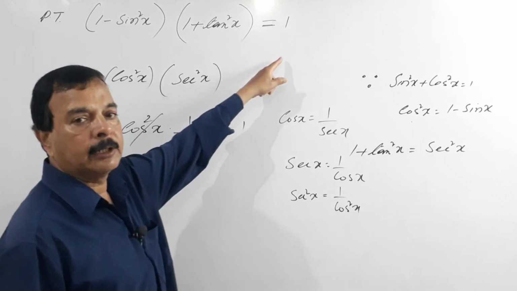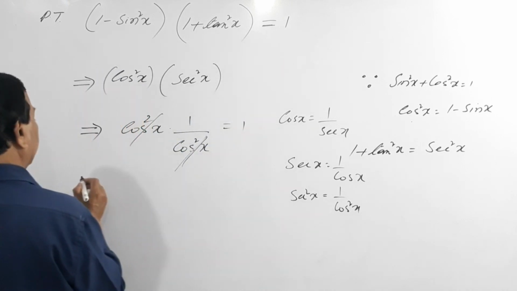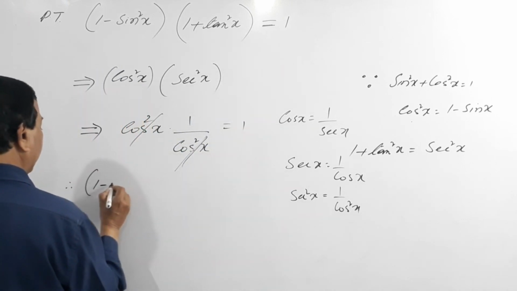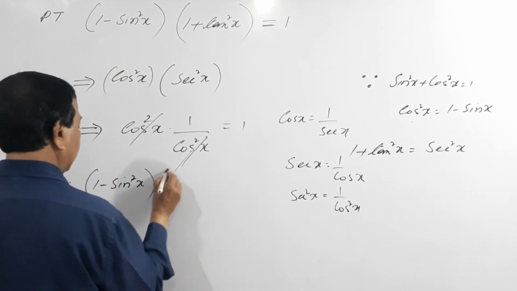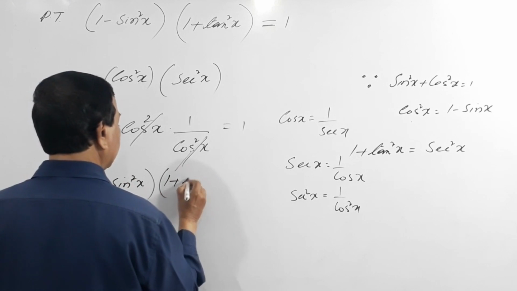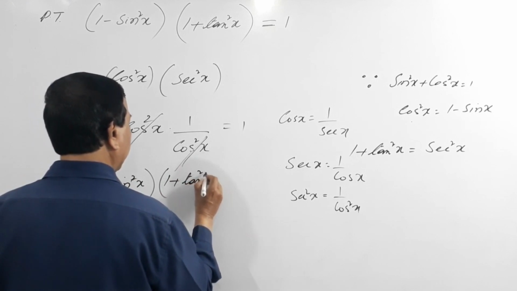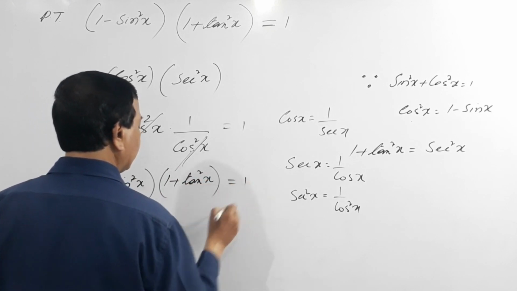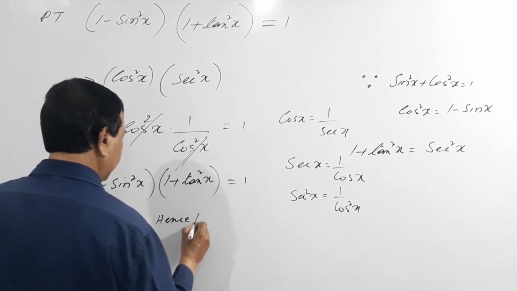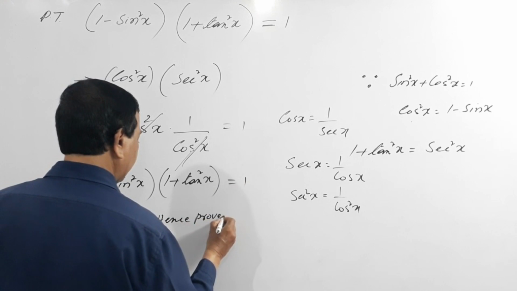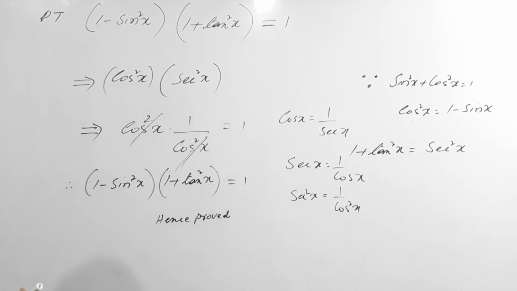What do you want on the right hand side? 1. Hence, therefore, 1 minus sin square x into 1 plus tan square x equals to 1. Hence proved. Very simple problems.